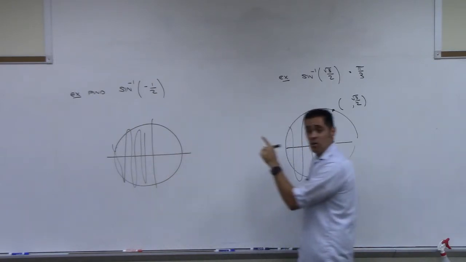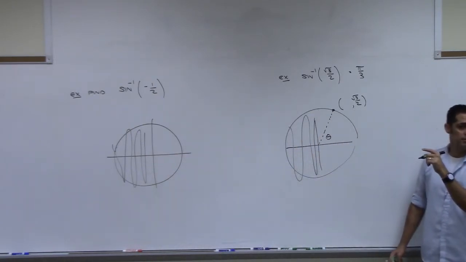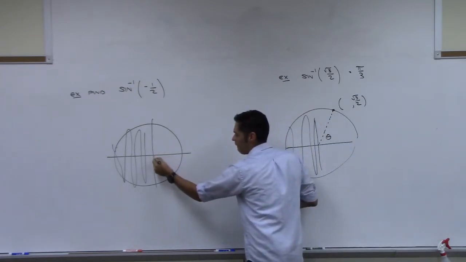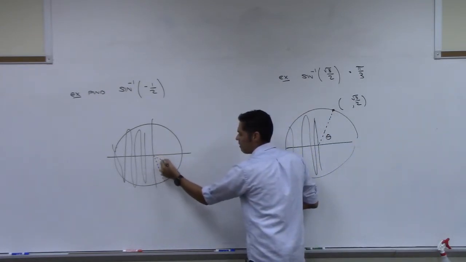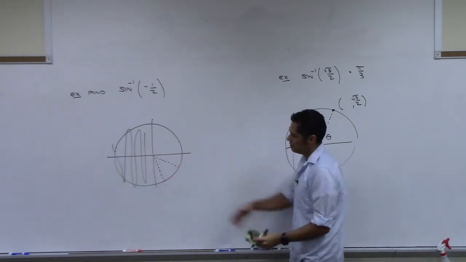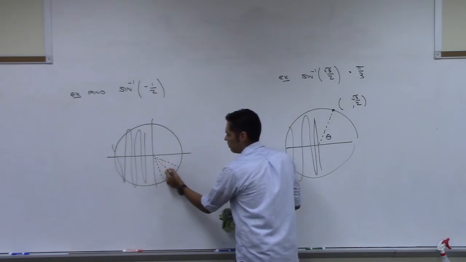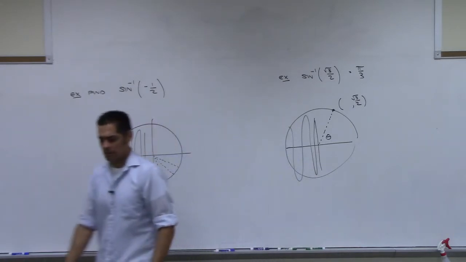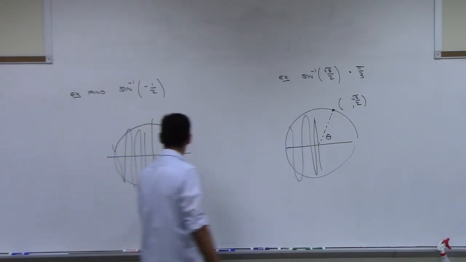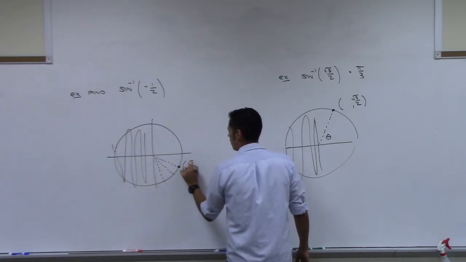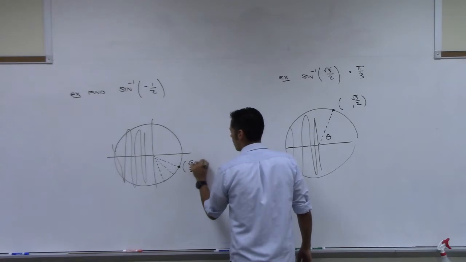I want the y coordinate to be negative 1/2, which is that one or that one? Which one is it? The top one or the bottom one here? Or is it the one that's 45 right down the middle? It's this one, because this has an x coordinate of root 3 over 2, but the y coordinate is negative 1/2.